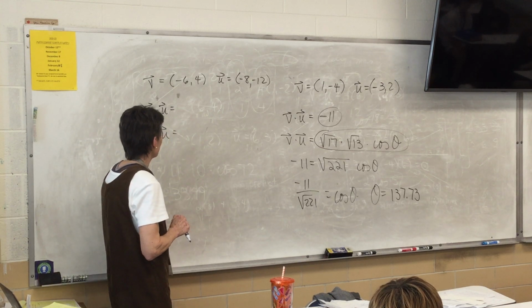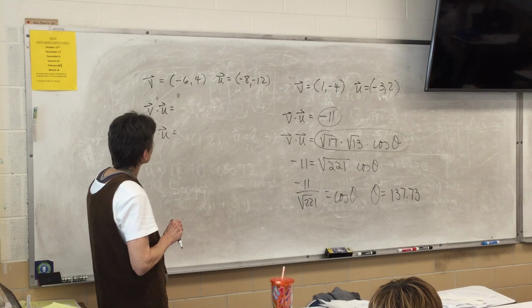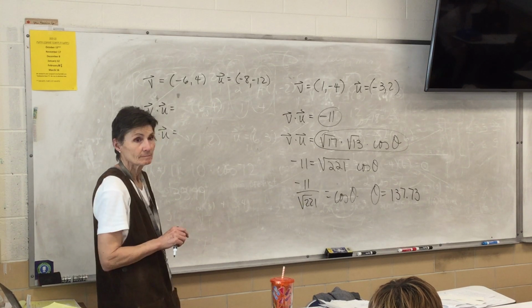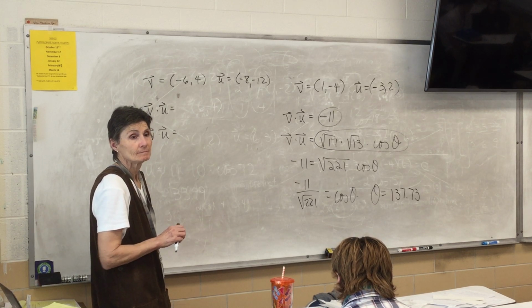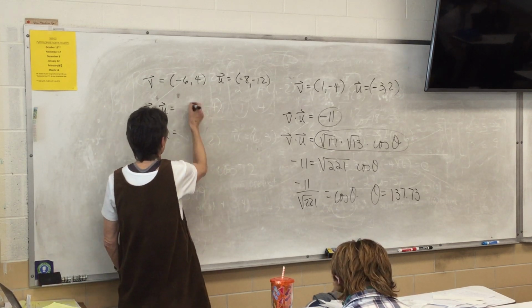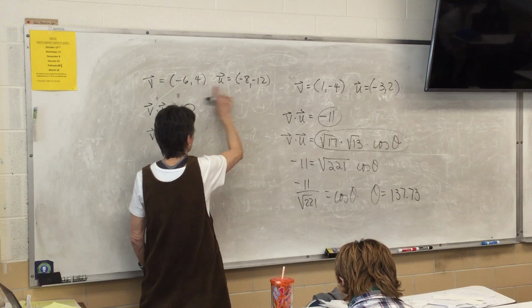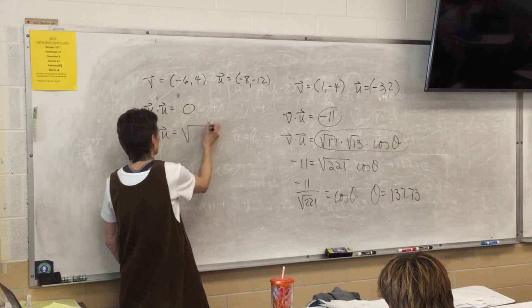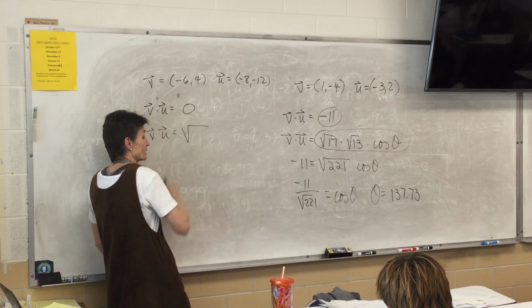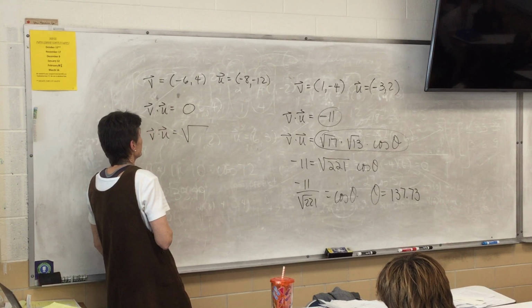Anna, what's going on? What have you got there? Anna? I got, like, for the first one I got 0. Okay, because you had positive 48 and then negative 48. Yeah. All right, and then you did a magnitude. You don't worry about reducing these radicals. You can just leave them like they are. So what'd you get here?